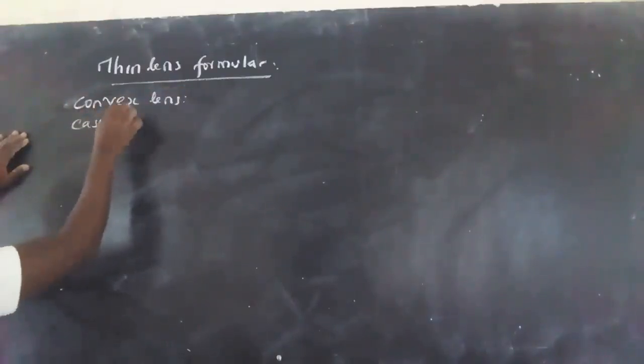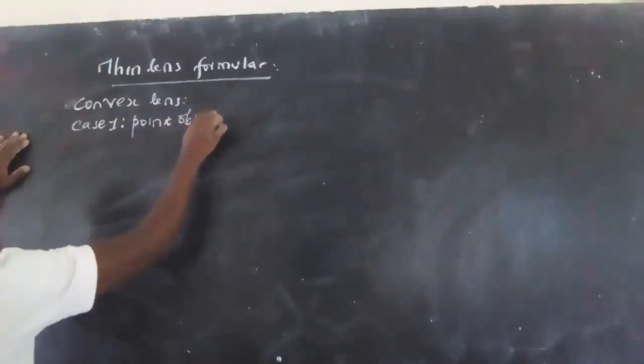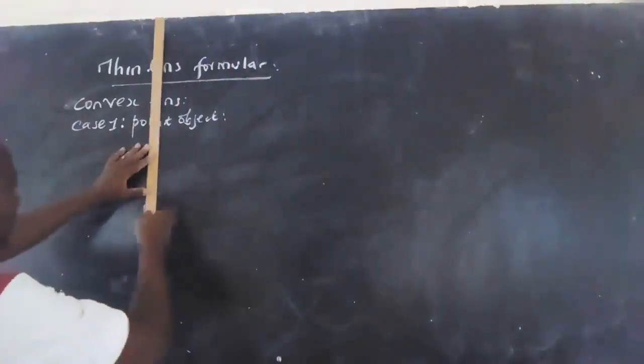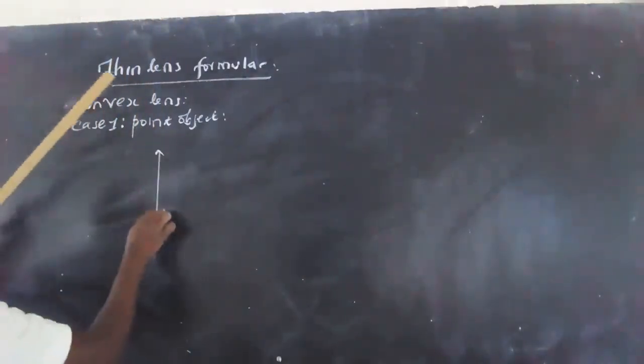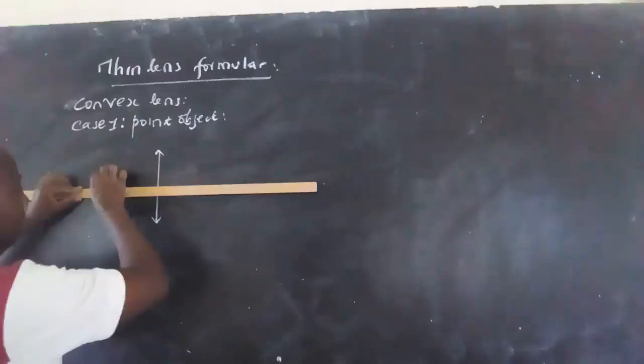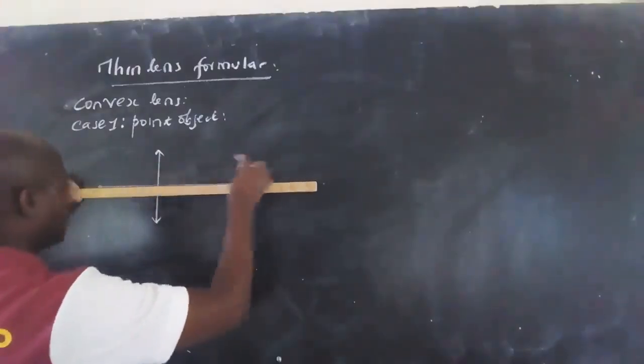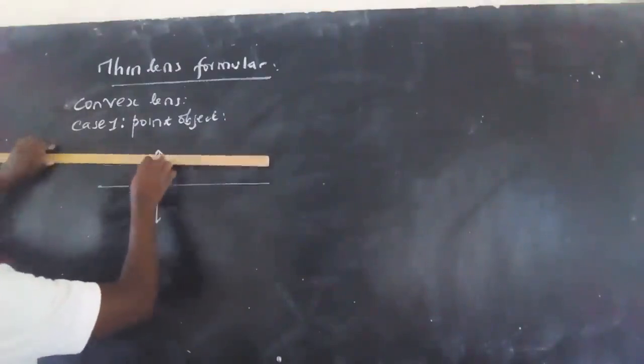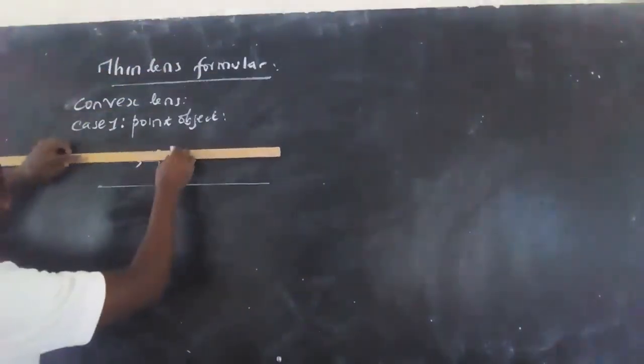Case one, point object. Then we consider a parallel beam of light. So we shall have this diagram.